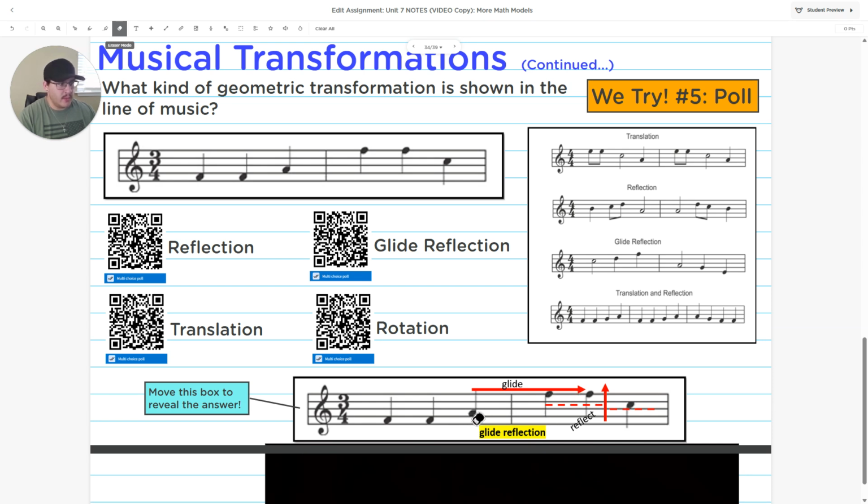And then here we do have another reflection as well. This moves just to where the next part is and then reflects upward as well. So there is a glide reflection going on where these two get moved down a line and then they reflect upward to the top right here. Same thing with this. This one, however, doesn't move up or down. It just reflects above. But overall, there is a glide reflection going on.